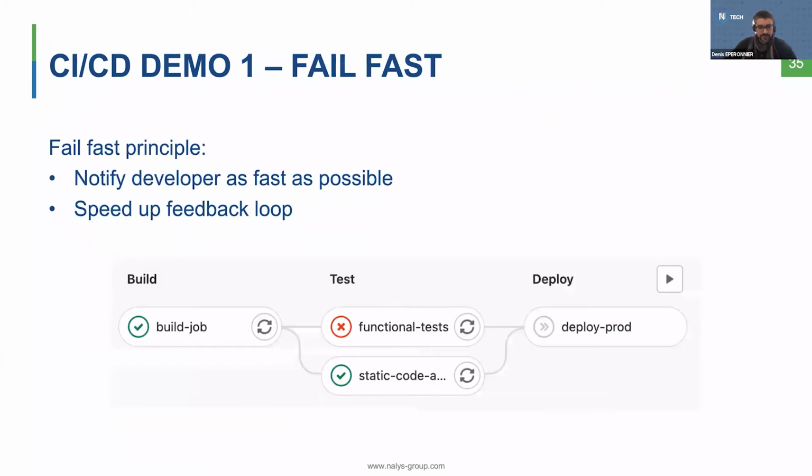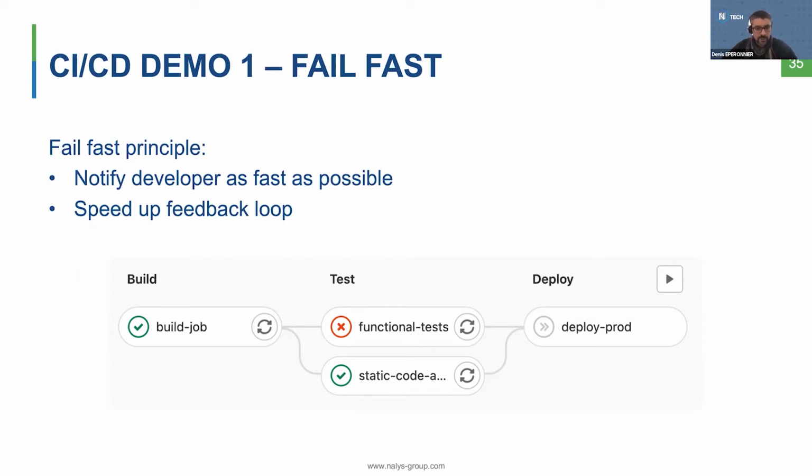Another best practice with CI systems, the fail fast principle, means that we want to notify the developers as fast as possible when something is wrong with the pipeline. In this example, there was a commit push and the build is okay, but for some reason the tests fail.